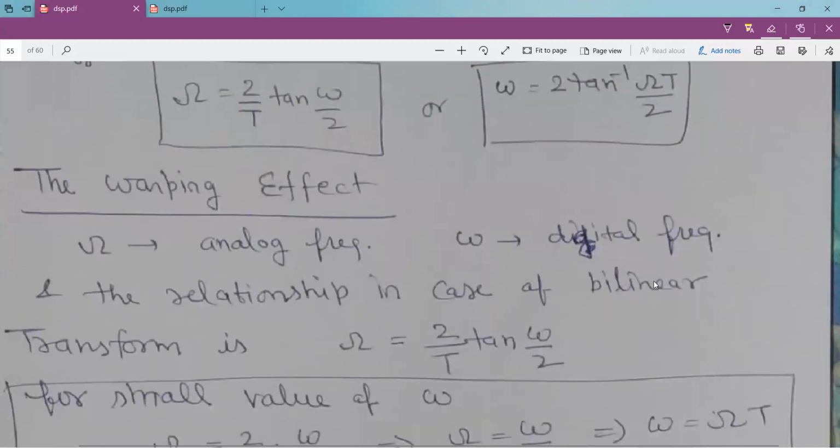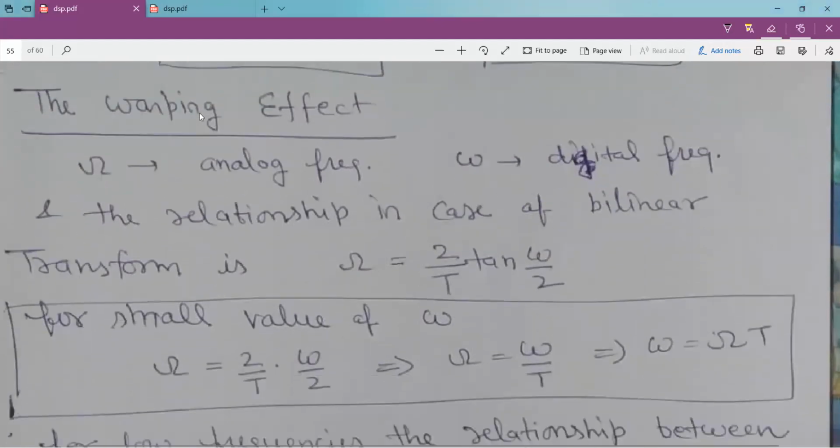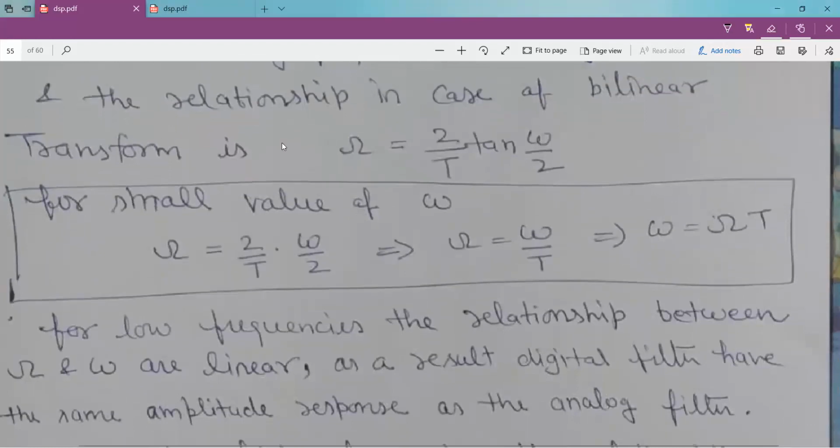Now, at this particular point, we are getting the one-to-one mapping, but one problem arises in the bilinear transformation, which is the warping effect. So what is the warping effect? This is because of the non-linear relationship between the digital frequency and analog frequency. We will see this warping effect when the digital frequency is very small.